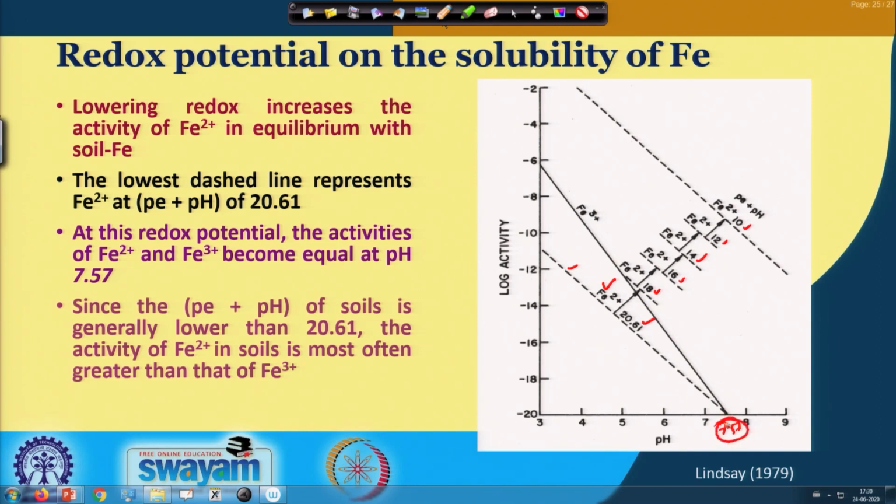Since the pe plus pH in soil is generally lower than 20.61, as you can see 18, 16, 14, 12 and 10, the activity of ferrous in soil is most often greater than that of Fe3+. So, this is the relationship between the logarithm of activity and the pH of the soil solution.